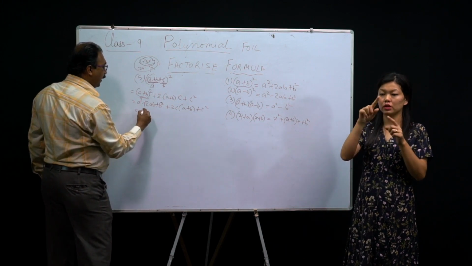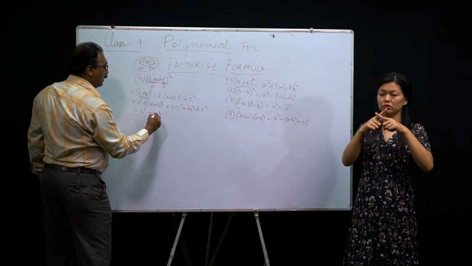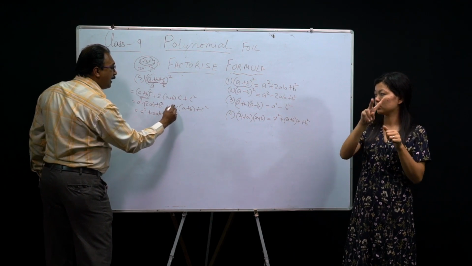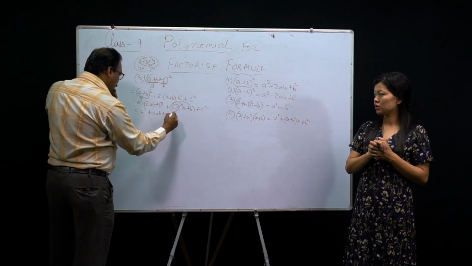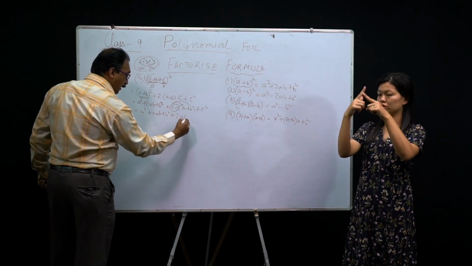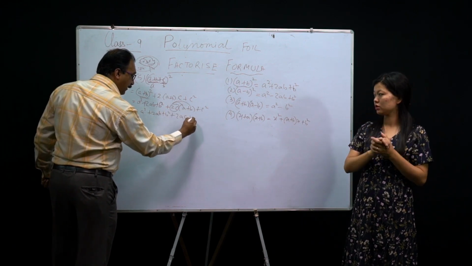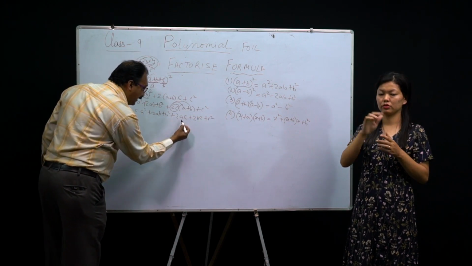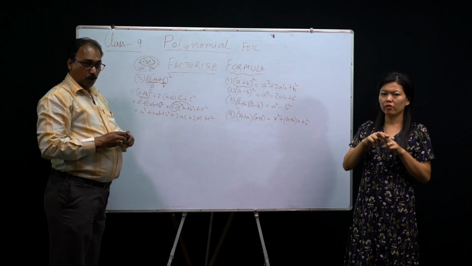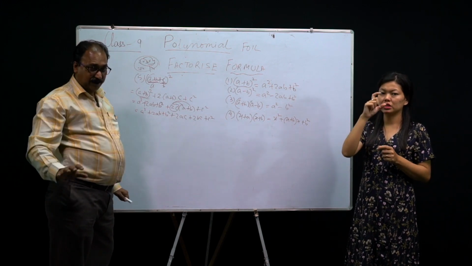Now what we'll do? a square plus 2ab plus b square. Now multiply. This one will be multiplied here and here. 2c into a, what do you write? 2ac, alphabetical order. 2c into b, 2bc, plus c square. Now someone writes ca. Are they wrong? No, they are also correct, but I just maintain alphabetical order.